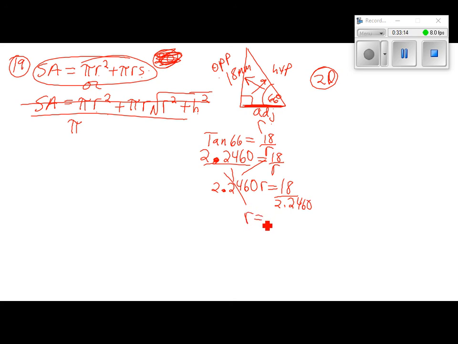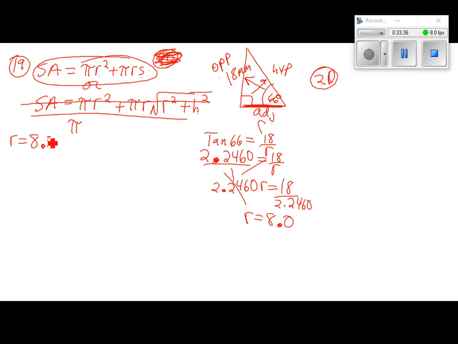That's going to tell us what the radius of that cone is. So 18 divided by 2.2460, and we end up with about 8.0 is the radius. So the radius of this cone for this one is r equals about 8.0, or just 8.